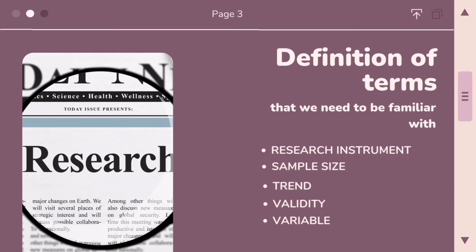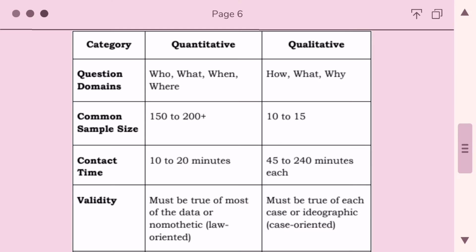Validity, the functional quality of a research instrument in obtaining data and producing results based on the purpose of the study. And also we have variable, any characteristic that can have different values or traits that may vary across research participants.